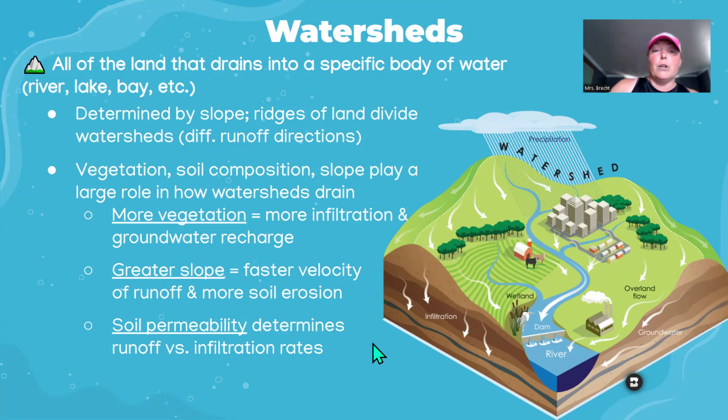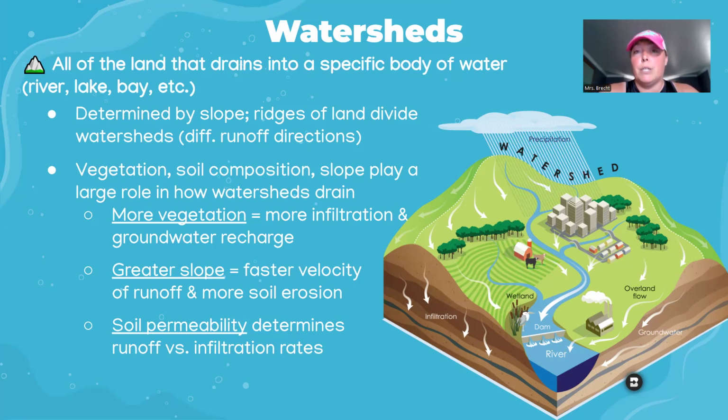If you have a higher slope, that means you're going to have faster velocity of water, meaning more runoff and more soil erosion. So that's going to make your surface water a little bit more dirty. And then soil permeability, it all depends on the type of soil that you have. If you have soil that's low permeability, meaning water doesn't infiltrate through it very quickly, like we have a lot of clay here, that's going to impact runoff and infiltration rates.